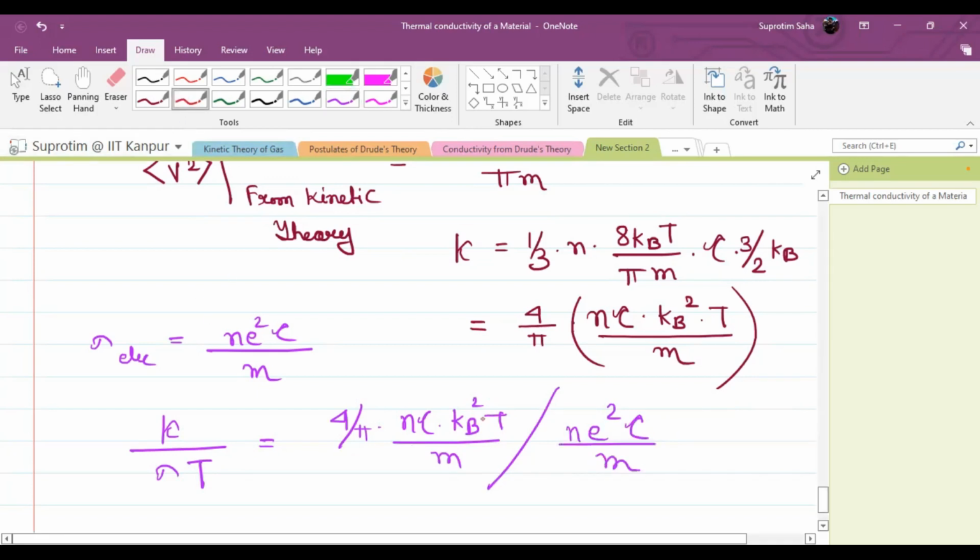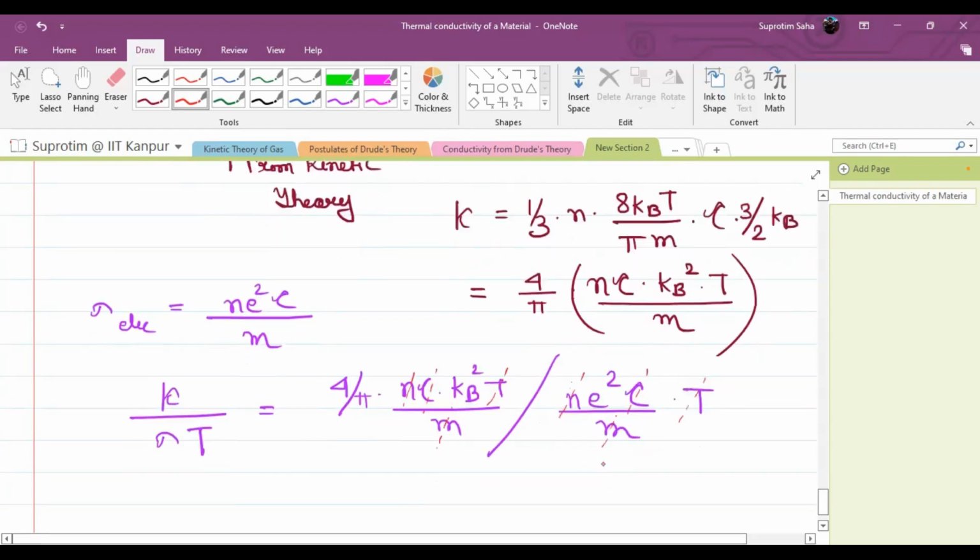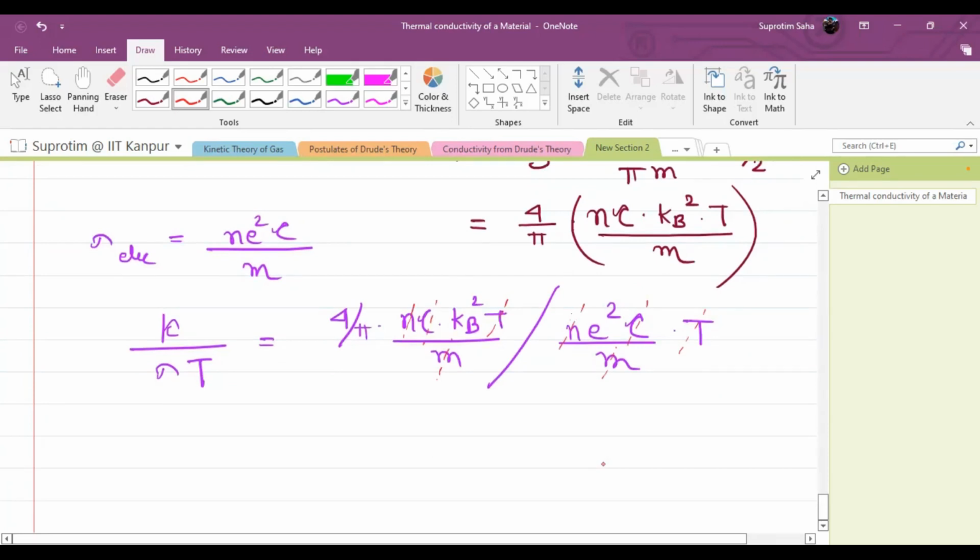So the terms that cancel: n cancels, tau cancels, and m cancels.